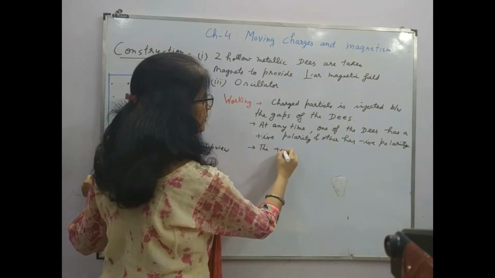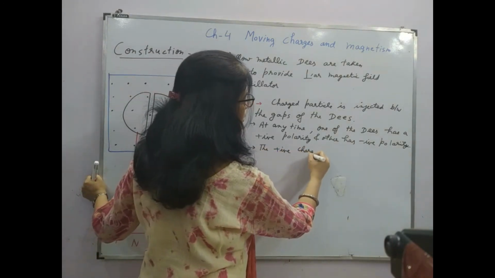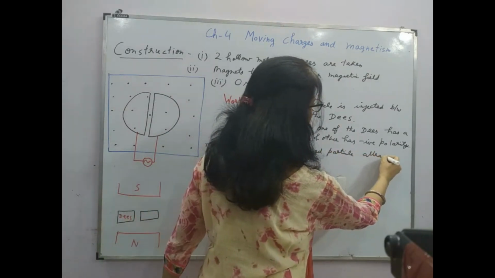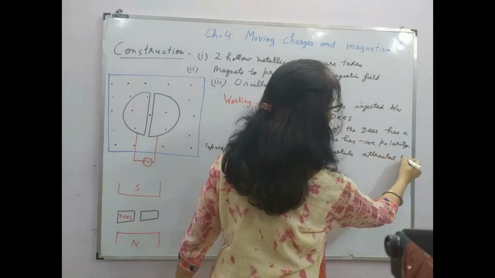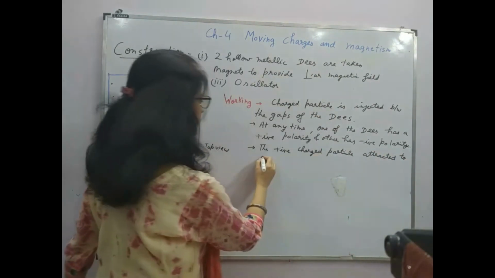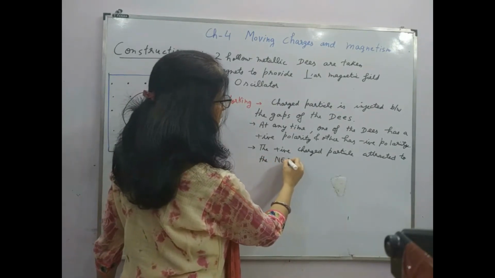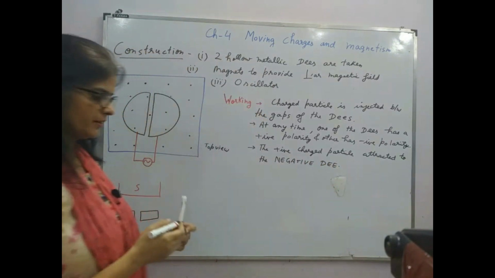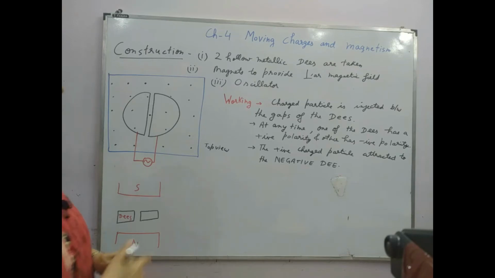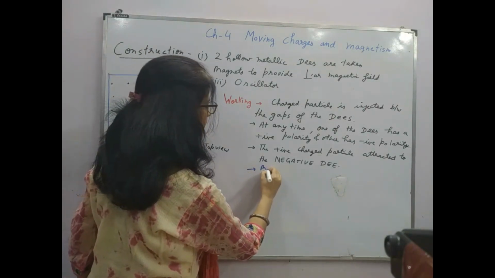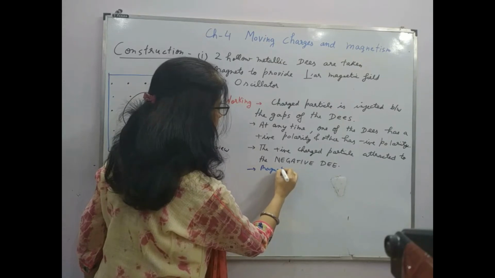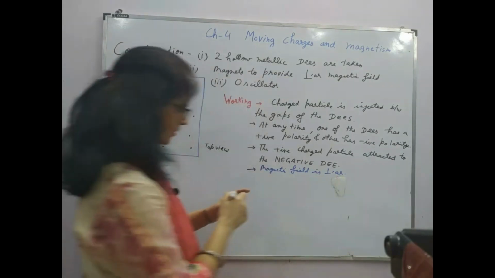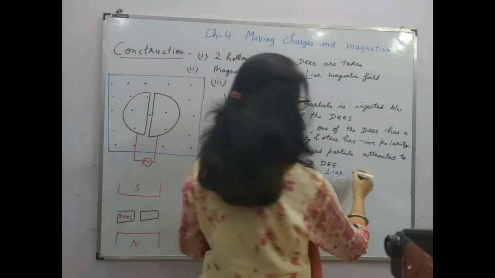The positive charged particle is attracted to the negative D, obviously, right? And the magnetic field is perpendicular. Therefore, it moves in a circle.